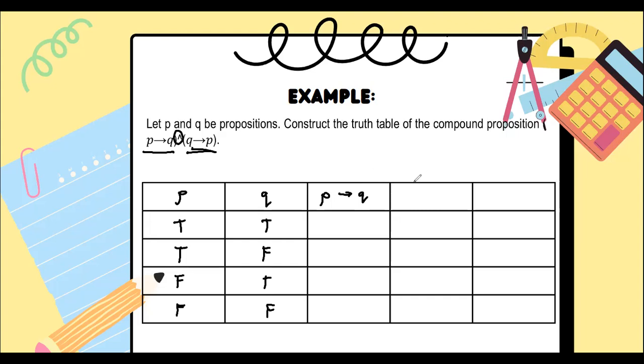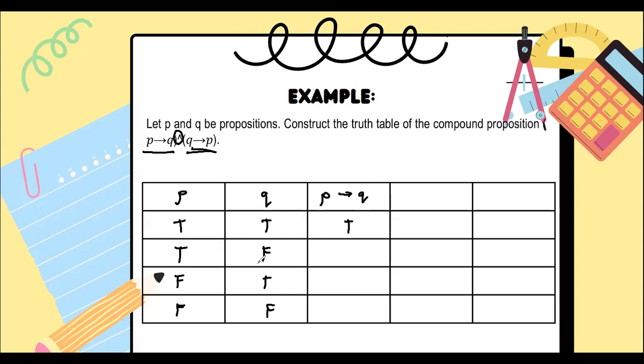Take note, this is a conditional statement. Under a conditional statement, you only get a false statement if you have a true hypothesis and a false conclusion. So if you have true, if true, then true, it is true.